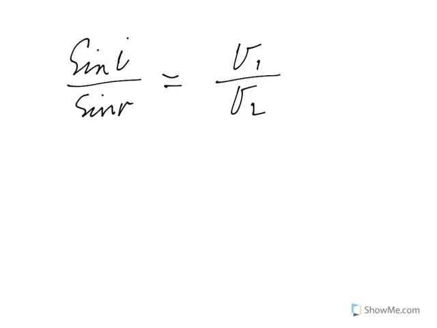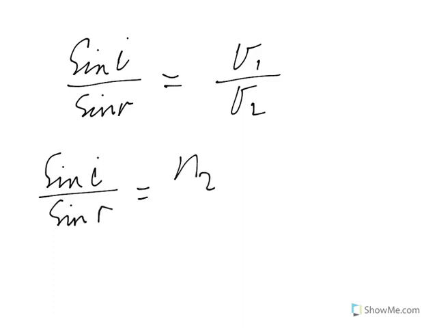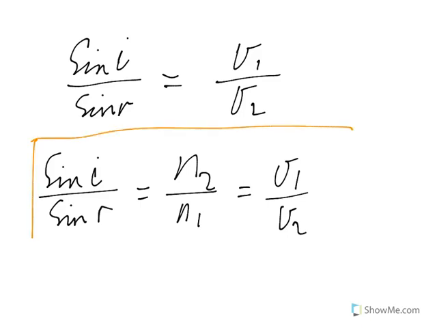And so if we combine those together, you get that sine I on sine R is N2 on N1, which is V1 on V2. So all of these things go in the gaps in Snell's Law. Depending on the information, we choose two of those three ratios and equate them together.